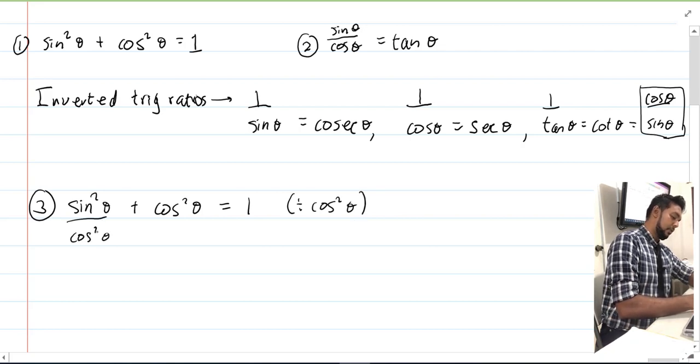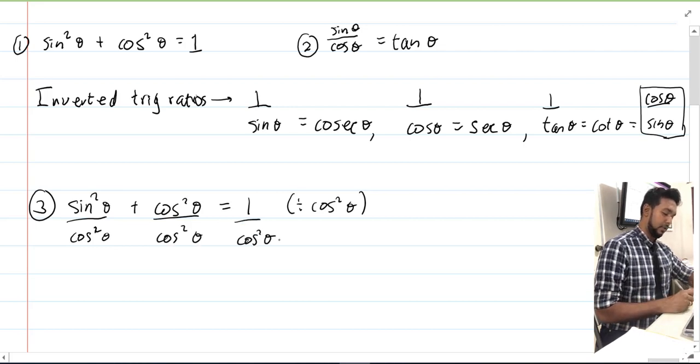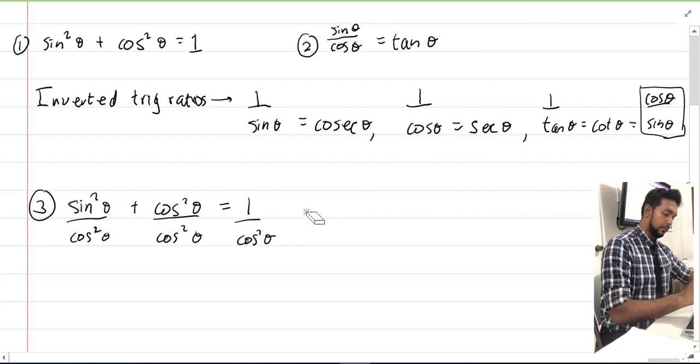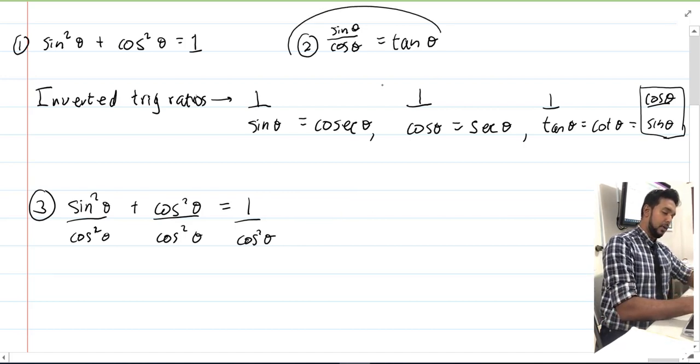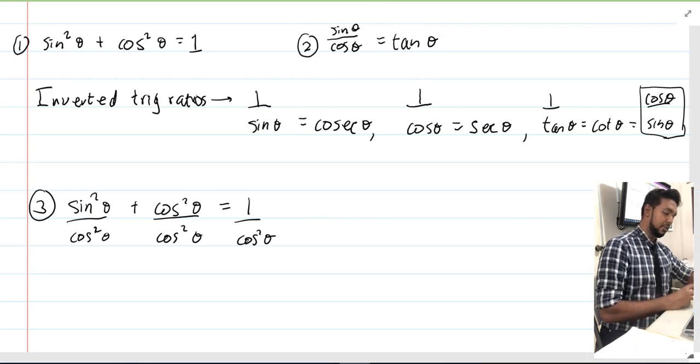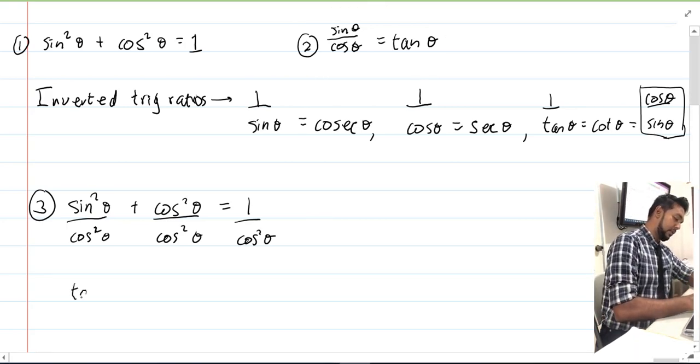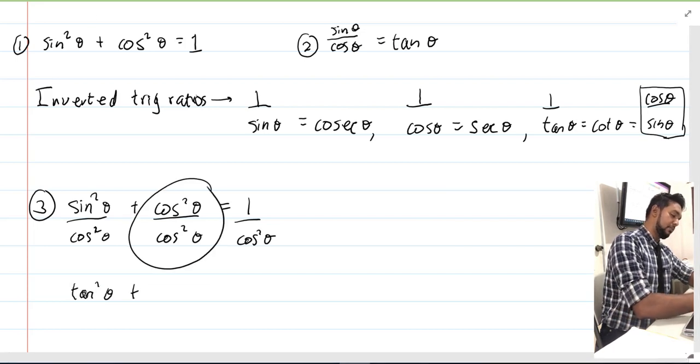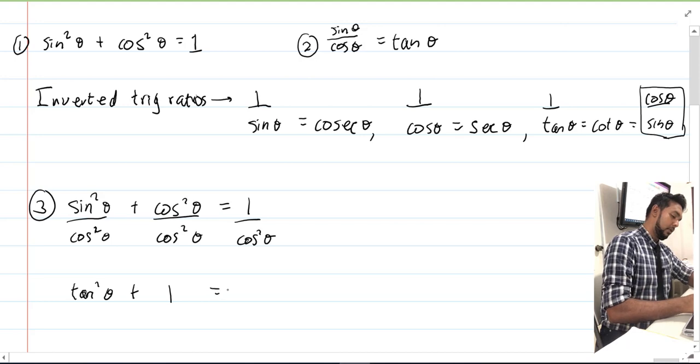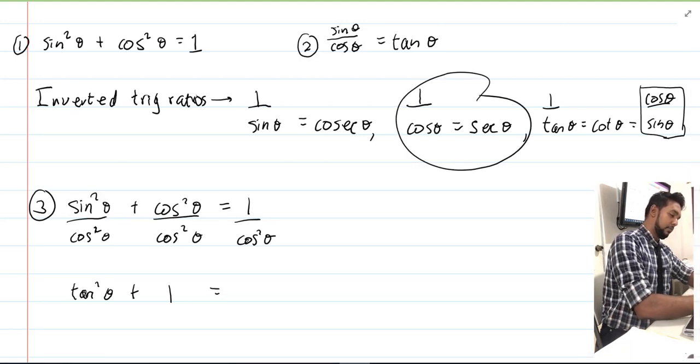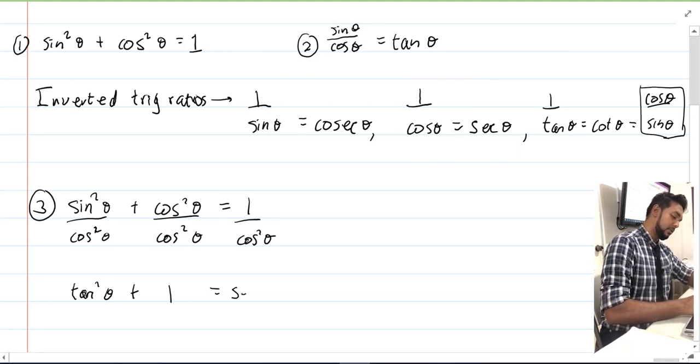So cos squared theta here, cos squared theta here, and cos squared theta there. From here we know that sine theta over cos theta is tan theta, so sine squared over cos squared will give us what? Tan squared. So that's tan squared theta. Cos squared over cos squared, anything divided by itself will give us back 1, and 1 over cos is sec. So 1 over cos squared is sec squared.